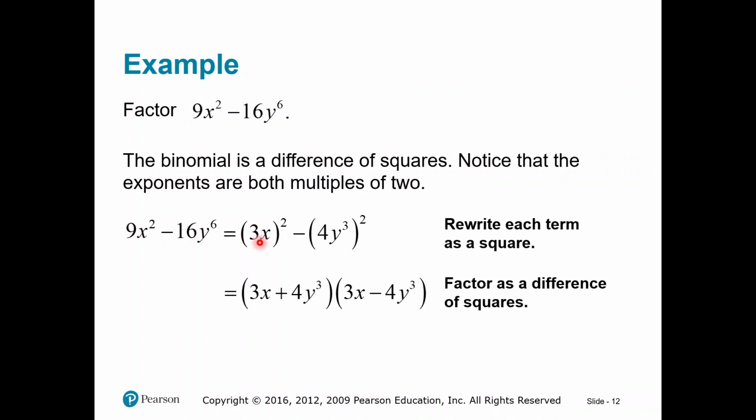And so the factor then would be 3x plus 4y to the third times 3x minus 4y to the third.